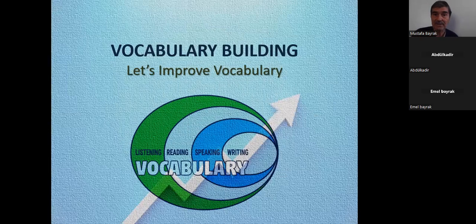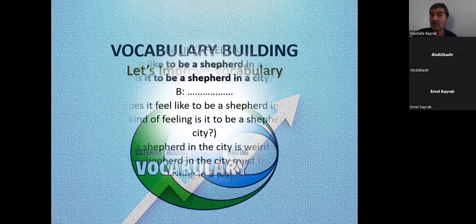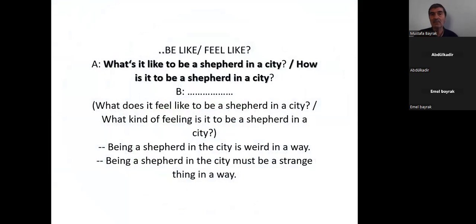Okay, vocabulary building. Time to increase our vocabulary. A number of words, okay? And how to use them, of course. For example, be like and feel like. What's it like to be a shepherd in a city, or how is it to be a shepherd in a city?